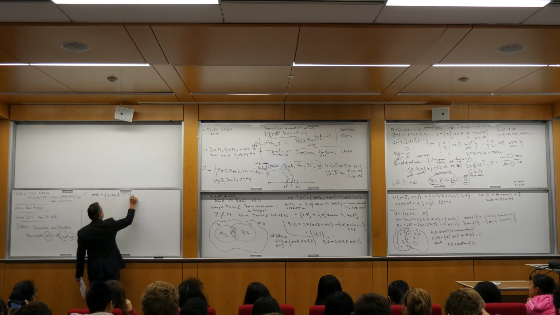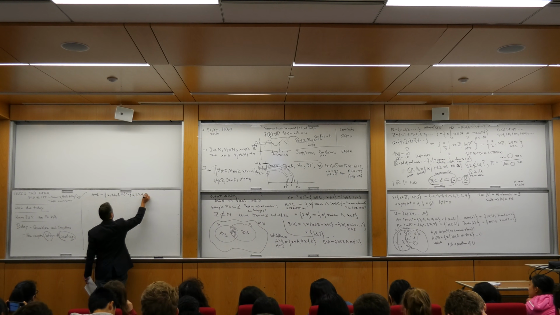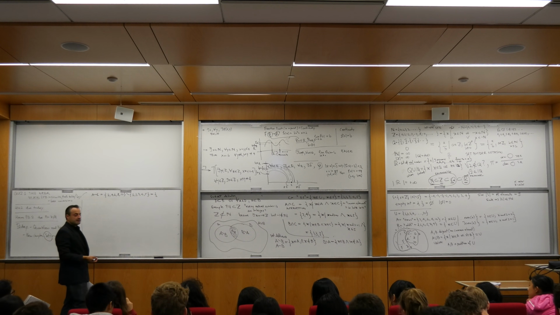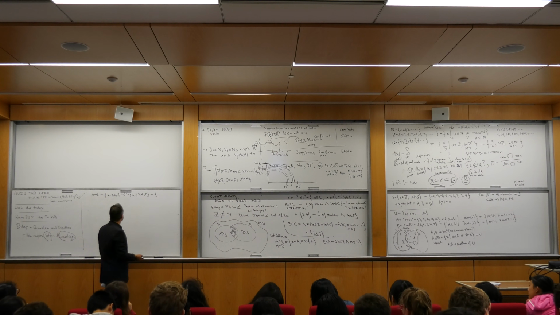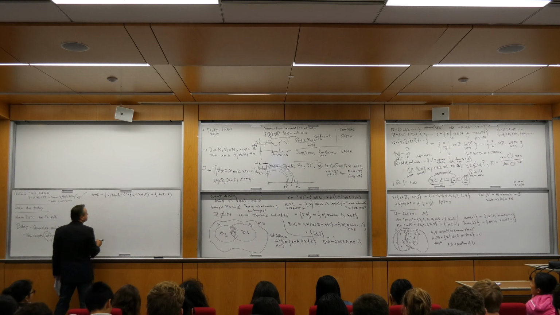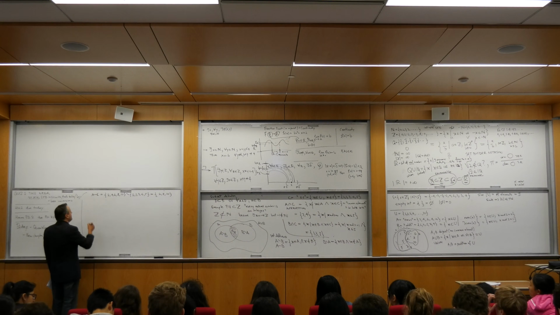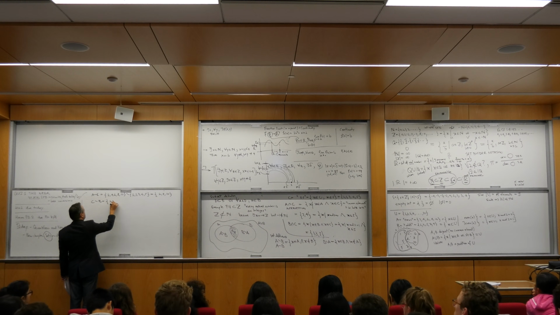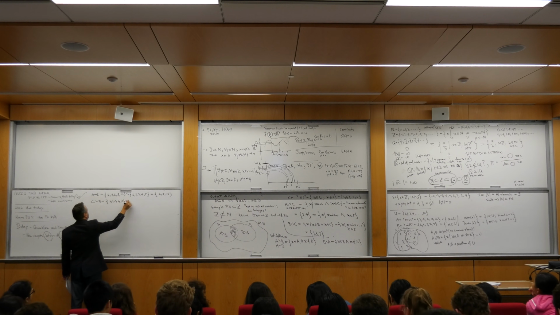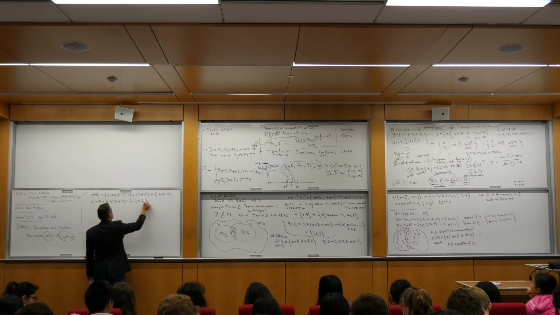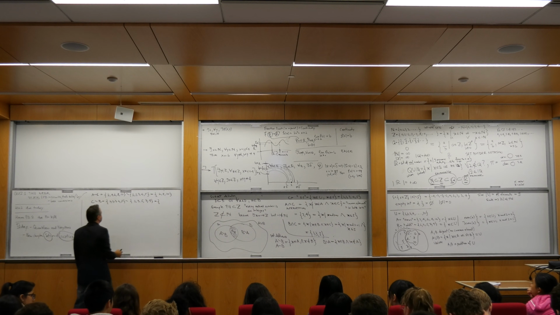Minus who was C? 1, 2, 3, 4, 5. So which elements are in A but not in C? 6, 8, 10. How about C minus B? That is 1, 2, 3, 4, 5, minus B was 1, 3, 5, 7, 9. Is that true? So what elements are in there?